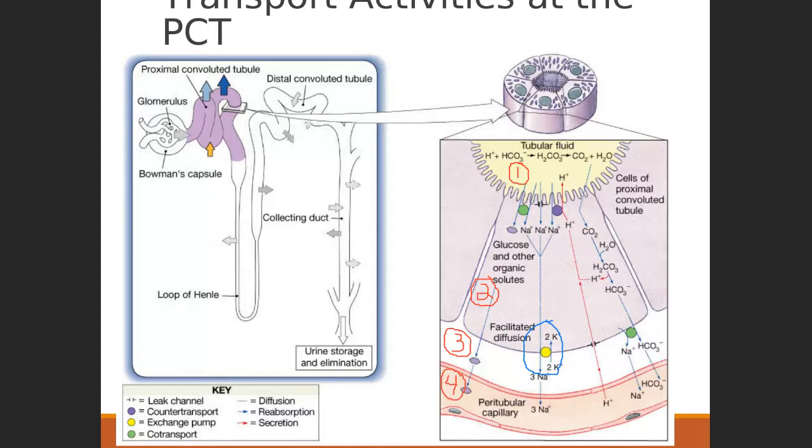Pumping out 3 sodium ions, pumping in 2 potassium ions. That is going to be the driving force for the bulk of this reabsorption. That's where we start, understanding that we see an active transporter along that cell membrane wall.